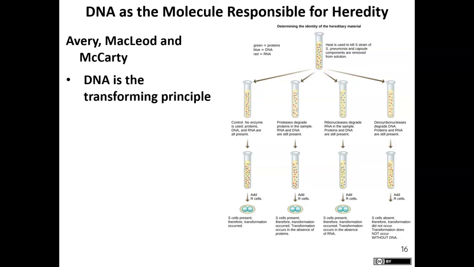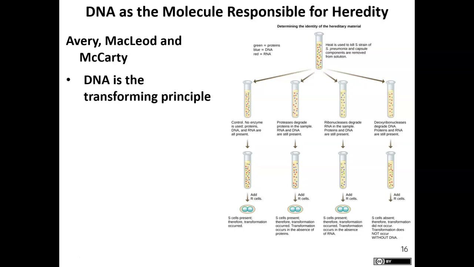They did an RNase experiment, so they took the same material, added it to a solution with ribonucleases that would degrade RNA, and the result of that experiment was smooth cells.